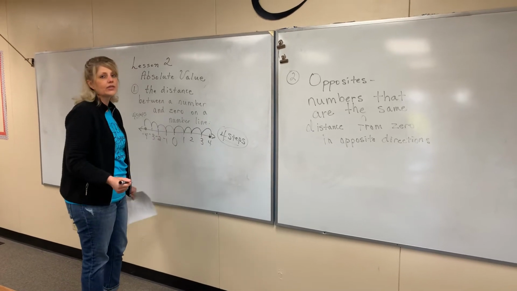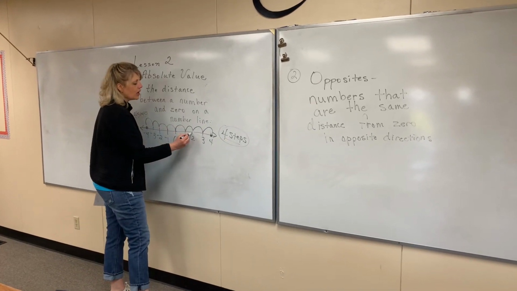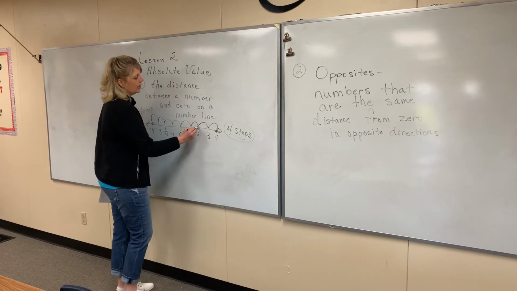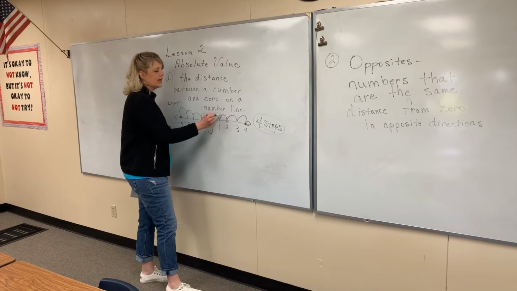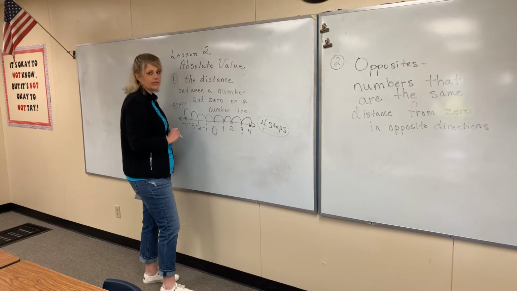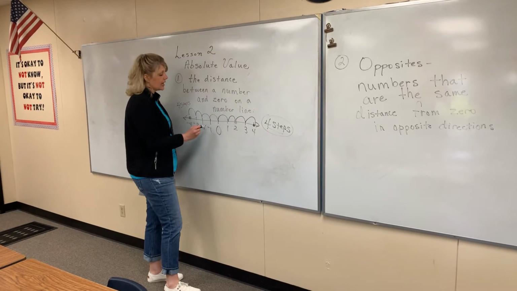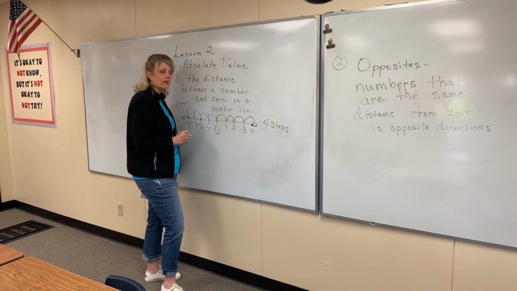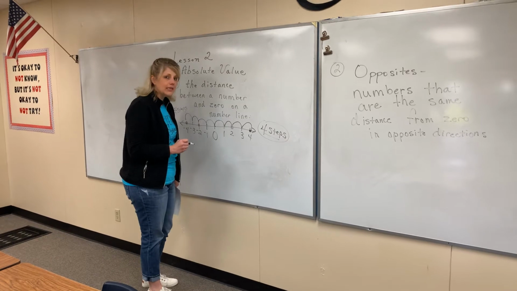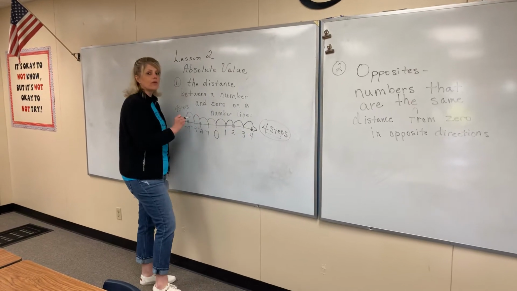Okay, let me give you another example. If we had a dot at 2, okay, how many steps are you from 0? You are 1, 2 steps from 0. Okay, well, let's say you were sitting at a negative 2. How many steps are you away from 0? You are still 2 steps from 0.